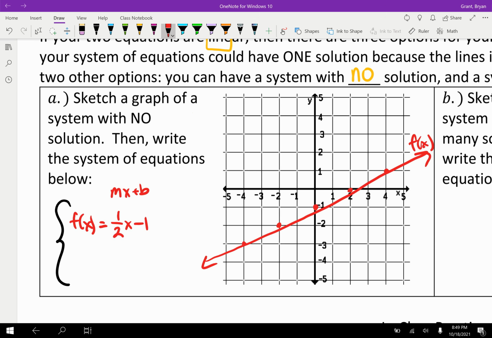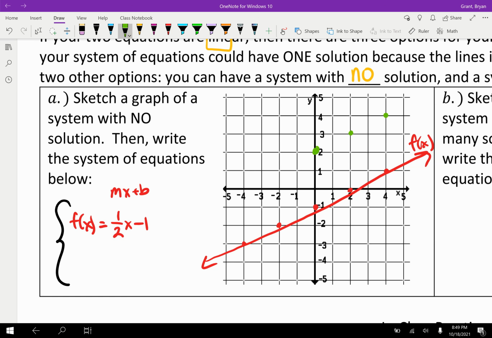Great. But that's only one line. A system of linear equations needs a second line. So let's pick a different y-intercept. How about 2? What do I have to do from this point to make sure it never intersects the red one? They have to be parallel. Parallel lines have the same slope.